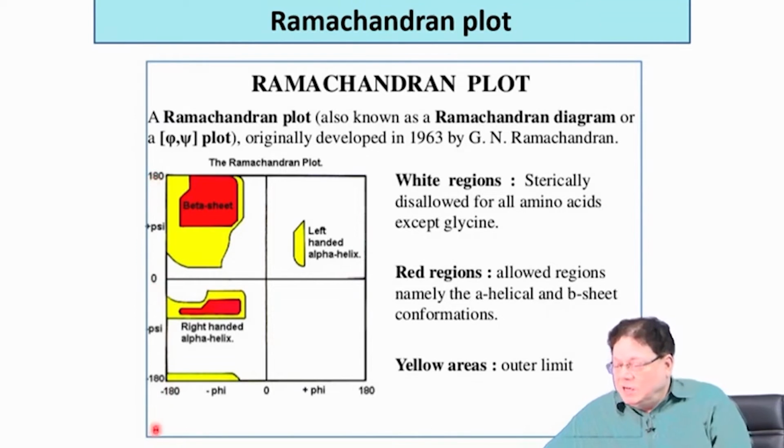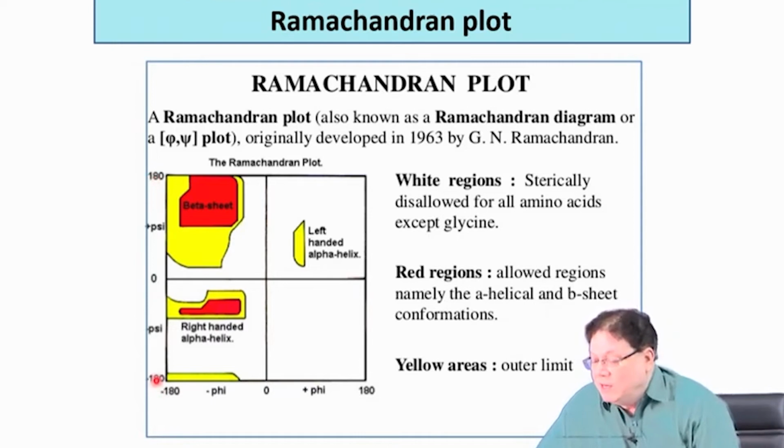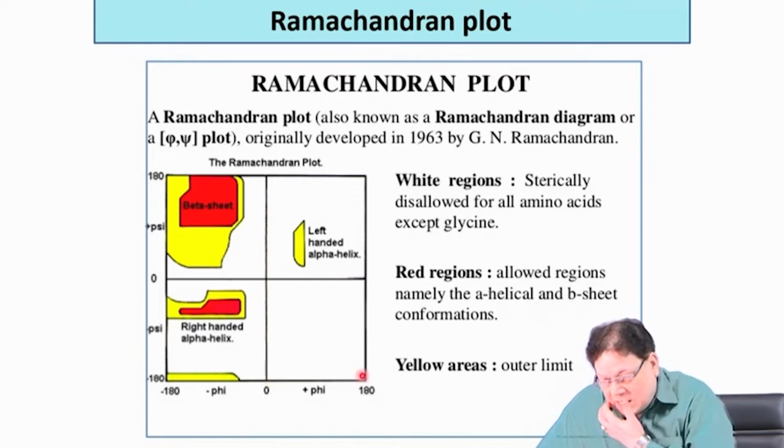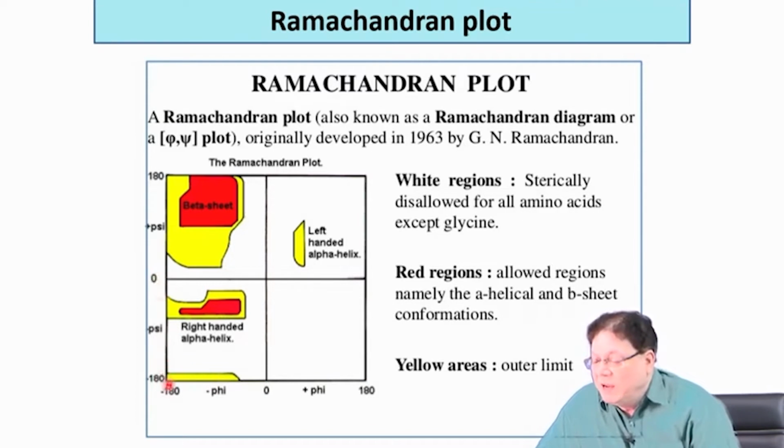He considered that rotation from minus 180 to plus 180 for the psi angle, and this axis is minus 180 to plus 180 for the phi angle. Okay. So, from this side to that side phi is plus, from this side to that is minus, and from this downwards the psi angle is minus, and upward the psi angle is plus.